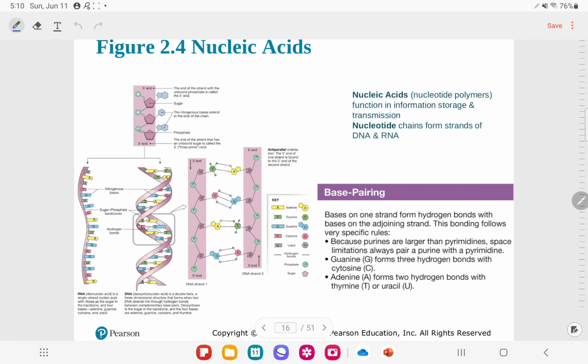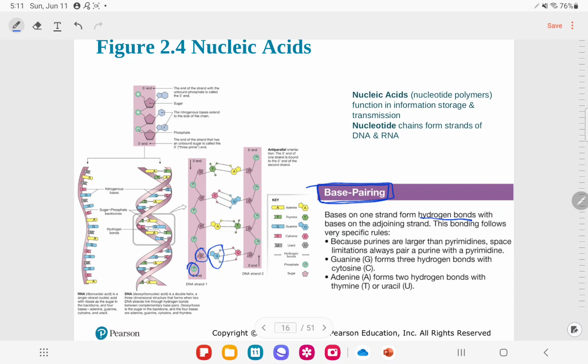And so when we're looking at a nucleic acid strand, we'll notice that it has the phosphate group, the sugar group, and the nitrogenous base. But I want to bring to your attention the base pairing. Within your DNA, these bases are paired. So bases on one strand form hydrogen bonds with bases on the adjoining strand.